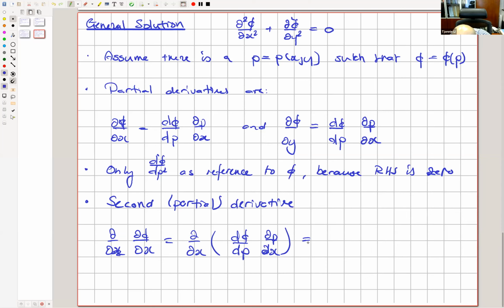Then again, I can rewrite this properly. First I use the chain rule. Here I get d squared phi dp squared times partial p partial x squared, plus d phi dp times partial squared p partial x squared.